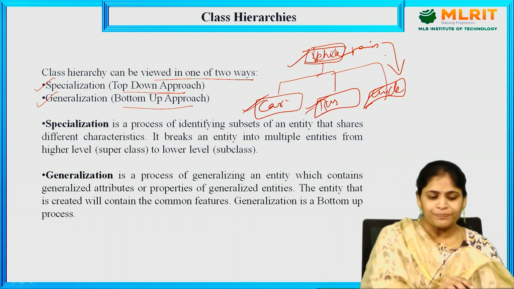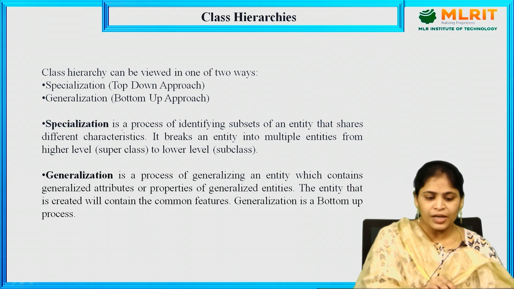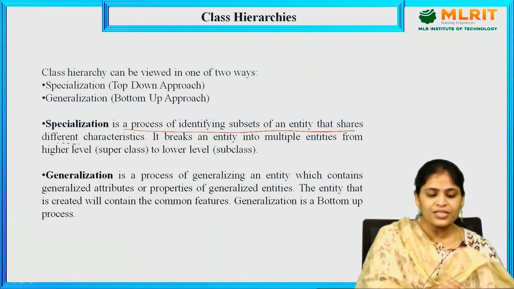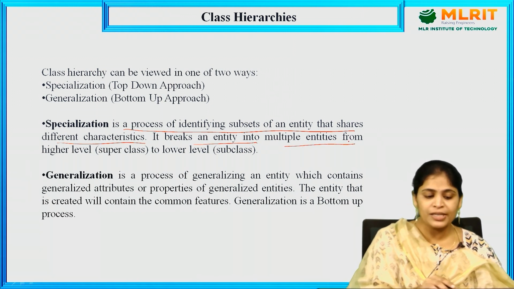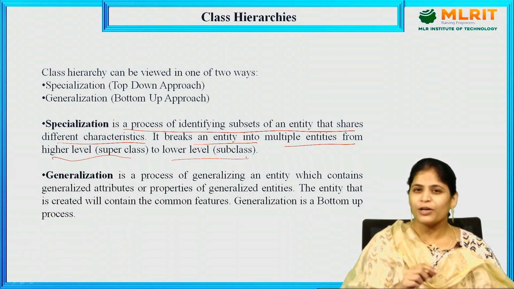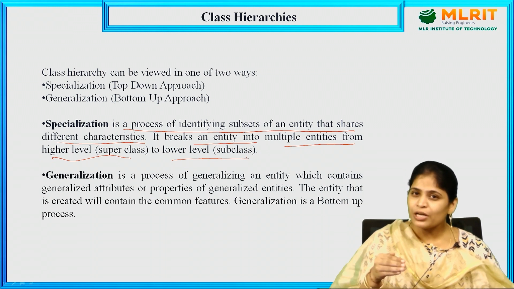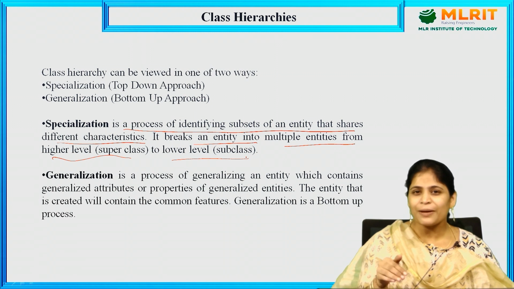That is the thing. So, what is specialization here? It is a process of identifying subsets of an entity that shares different characteristics. It breaks an entity into multiple entities from higher level, superclass, to lower level. So, one main entity will be considered, that main entity will be divided into sub-entities and superclass will be divided into subclasses.